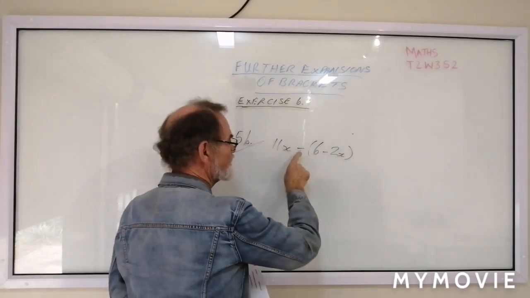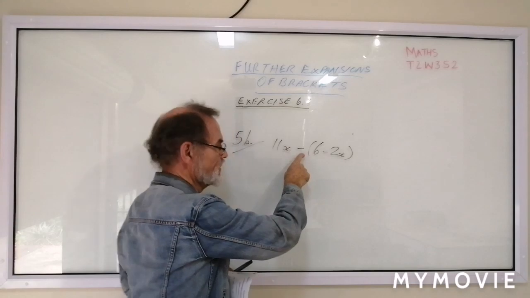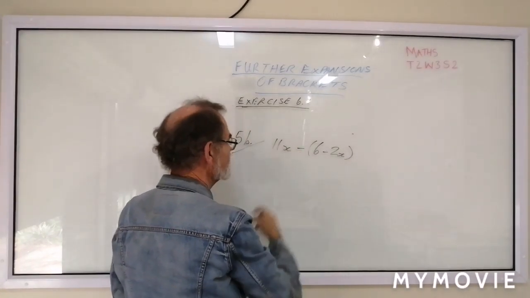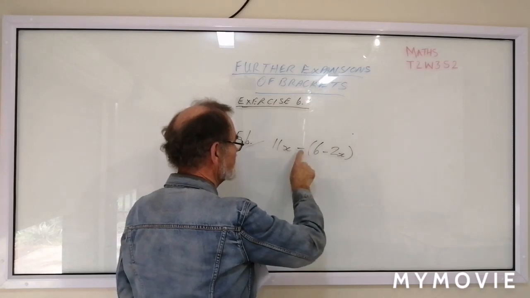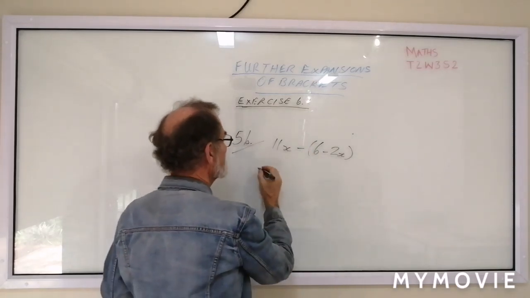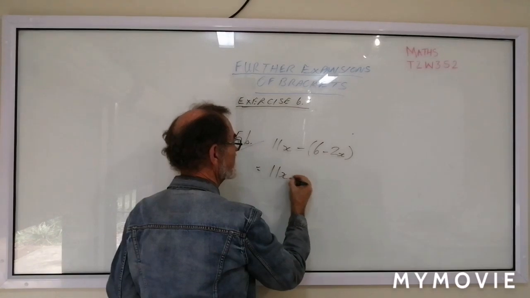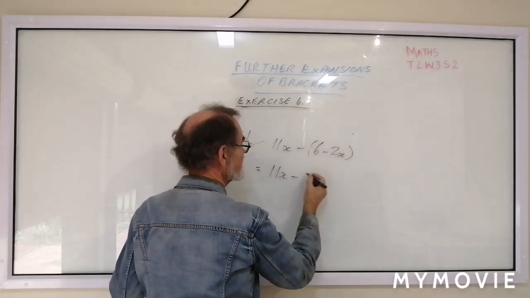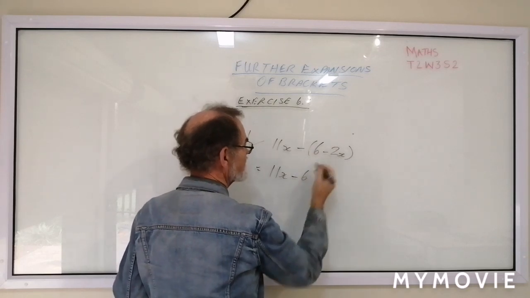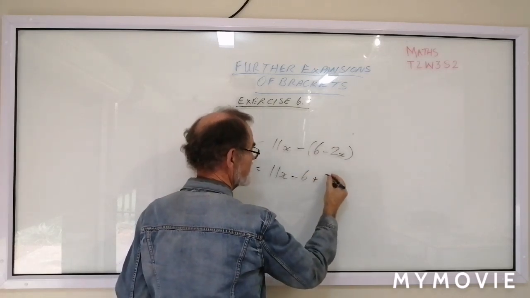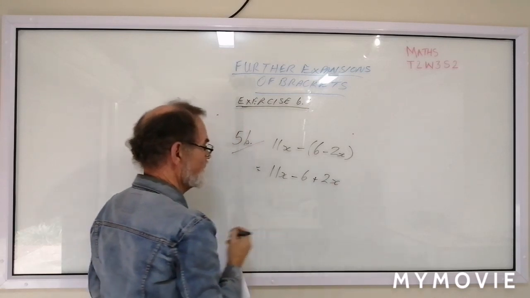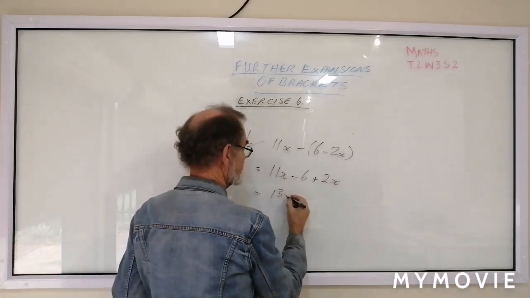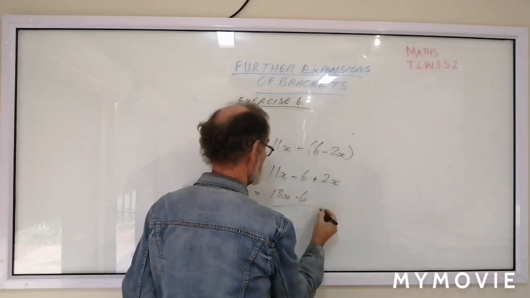It means that this bracket is multiplied by 1. But not just by 1, it's multiplied by minus 1. Because we don't write the 1 in there, but there's actually a minus 1 in there. So this is equal to 11x. Minus 1 times 6 is minus 6. And minus 1 times minus 2 is plus 2x. Adding the like terms gives us 13x minus 6.